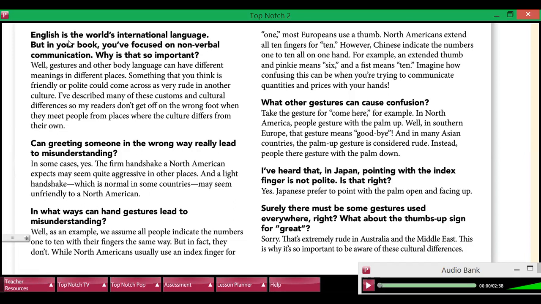Okay. Now, before we continue here, we have this phrase.